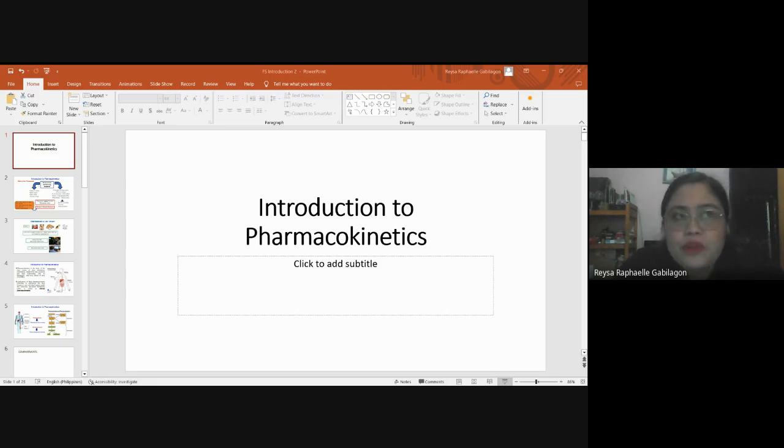So we do this in various time points. And then once we have collected samples, we analyze these samples for the presence of drugs or their metabolites. And then we analyze the data. And then that's how we come up with the pharmacokinetic profile of our drugs.